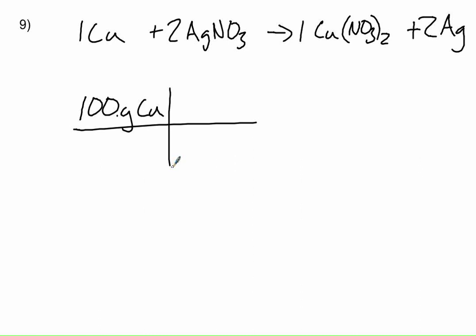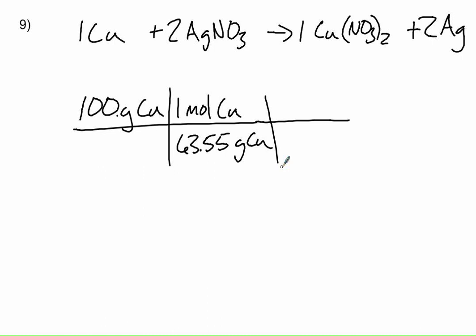And then first step here, I need to divide by that molar mass for copper. So 1 mole of copper happens to have a mass of 63.55 off your periodic table. And then I need to multiply by a ratio to get from moles of copper to moles of silver, and that's a 2-to-1 ratio.